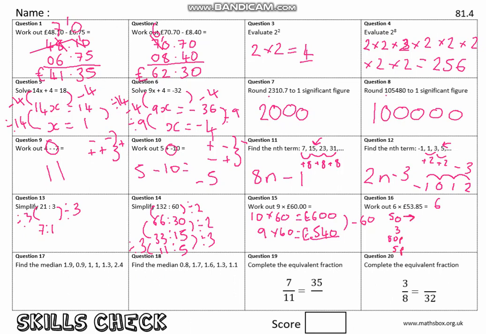Okay, so 6 times £50 would be £300. 6 times £3 would be £18. Now 6 times 80p, so 6 times 8 is 48, but then I'm going to have to add my 0, so that would be £4.80.